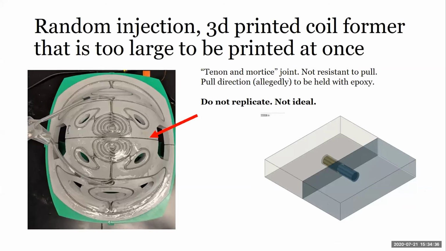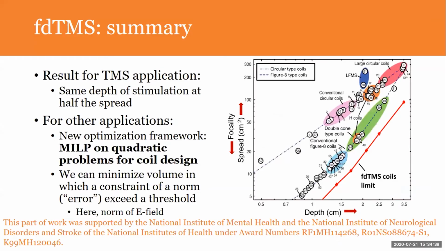So summary, basically, for making more focal, turning a quadratic problem into a linear problem by linearizing it forcefully actually allows you to solve a more complex problem that you cannot actually solve in a quadratic formulation, which might be also interesting for other applications.